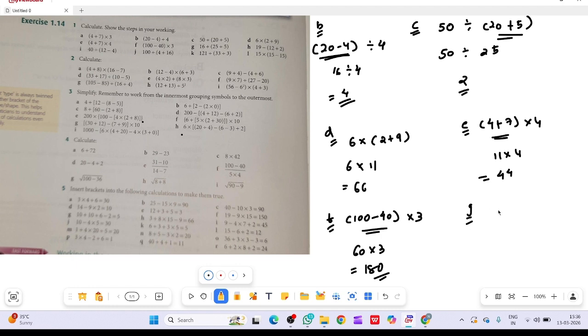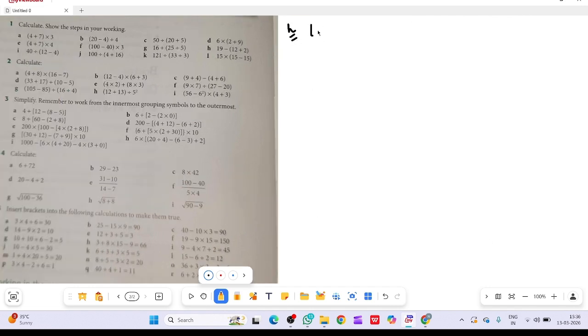Then g: 16 plus 25 divided by 5. So 25 divided by 5 is 5 and 16 plus 5 is 21. h is 19 minus 12 plus 2.